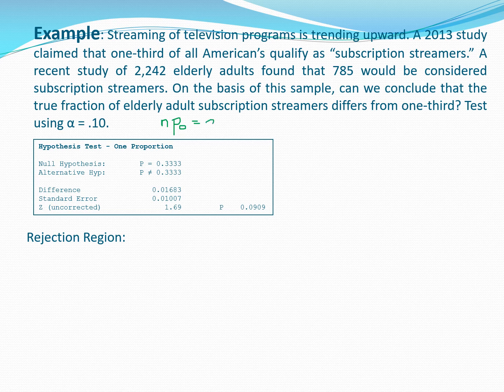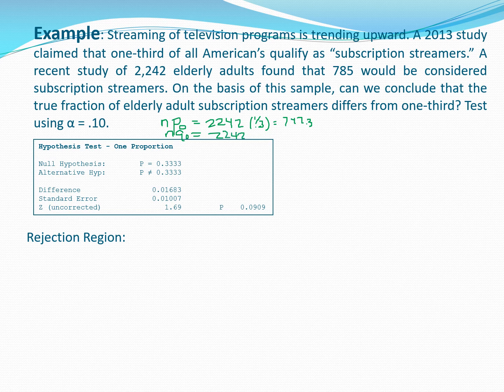which is 2242. Remember the days when we could use 30 or more? Yeah, they're gone. Times p naught. Well, p naught is 1/3, and this number is 747.3. That's bigger than 15. That's at least 15. n times q naught: 2242 times q naught.